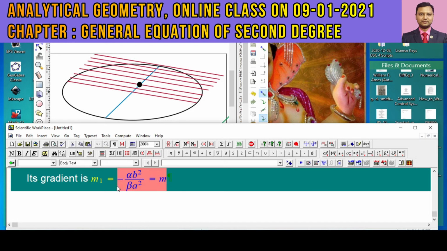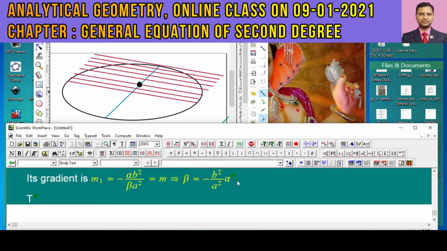Got it? This gradient should also be equal to small m, and if we consider this expression, you will see it can be written as beta is equal to minus b square by a square into alpha.